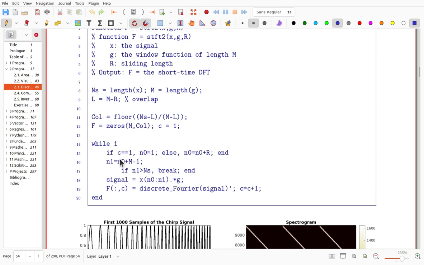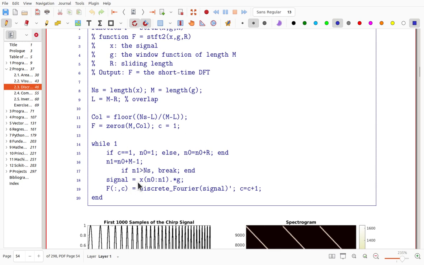Now from the signal we take the m samples from n0 to n1. In the beginning, for the first column, n0 must be 1, but later on, n0 will be moved by the sliding length, and n1 is always the same as n0 plus m minus 1.